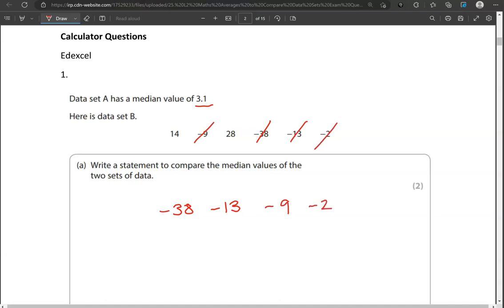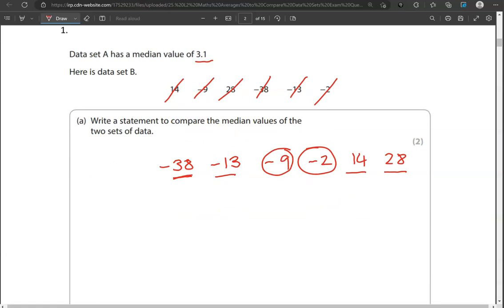So negative numbers are smaller than positive ones, and the higher the value of the digits, the smaller the number, because it has the negative sign in front. Then we have 14, then we have 28. So we're going to underline or cross out one on each side till we get to the middle. We have 2 in the middle, -9 and -2.